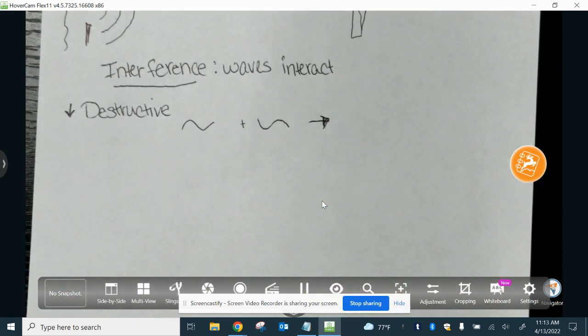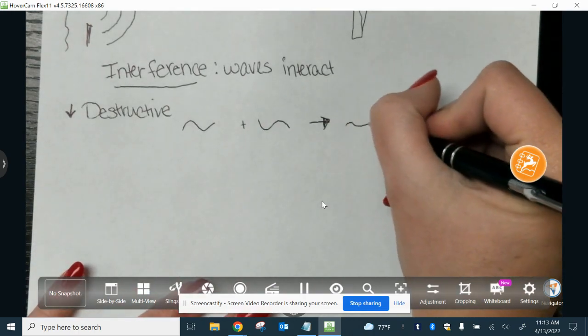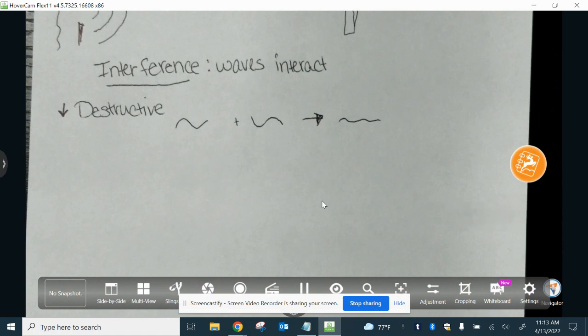All right. So destructive interference happens when two waves meet and they're out of sync with one another. Their crests and their troughs are going to collide, and what you end up with is a wave with less amplitude. Remember that amplitude is the height, or depth, that the wave achieves.